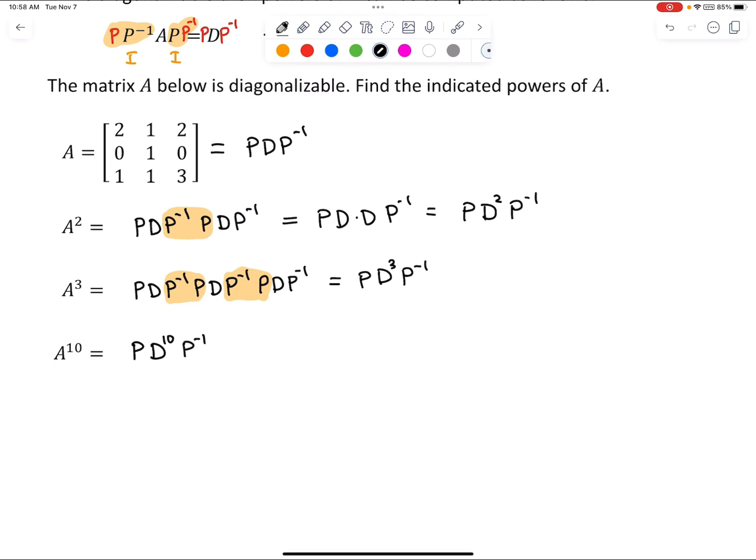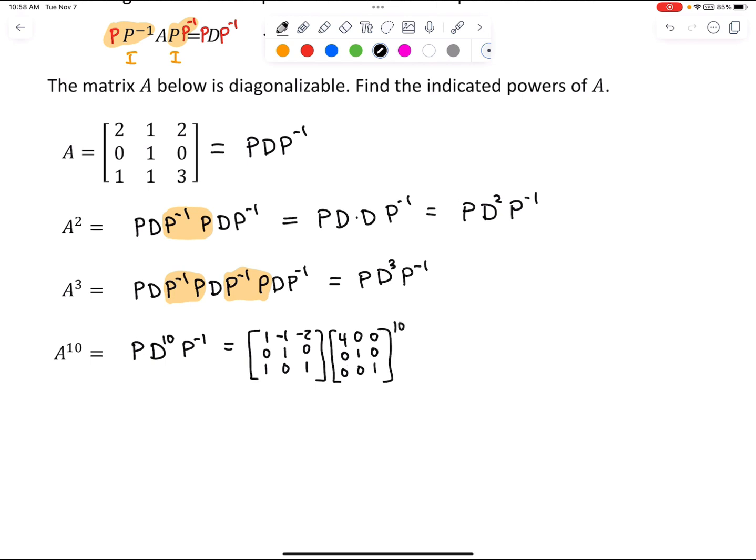Now this was the matrix A from the last page, so I've already figured out some choices for the matrix P and the matrix D. One such choice was the matrix P is 1, 0, 1, negative 1, 1, 0, negative 2, 0, 1. This corresponded to a diagonal matrix that had 4, 1, 1 as the main diagonal. That will now be raised to the 10th power.